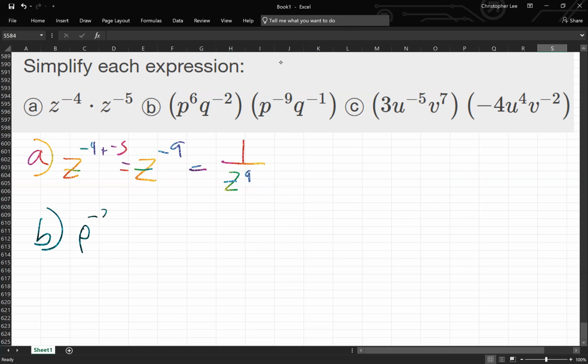Negative 3, very good. And q to the what? Negative 3, good. But remember, it's illegal for me to have negative exponents. So what does this become? 1 over p to the third, q to the third. Questions? Okay.